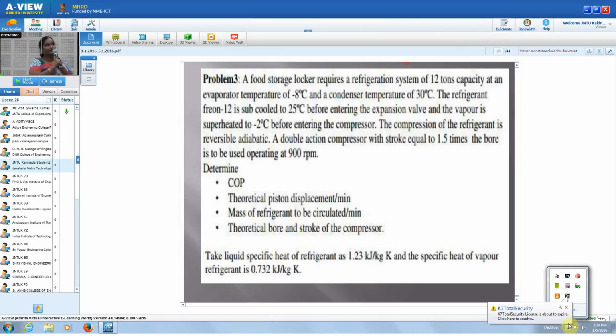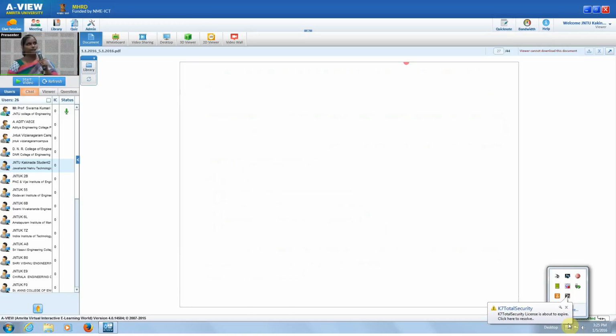Then there is subcooling also. The condenser temperature is 30 degrees centigrade, but it is subcooled to 25 degrees centigrade, so subcooling is by 5 degrees centigrade. So there is superheating and also subcooling. In addition, you have to find out the bore and stroke of the compressor. Next.